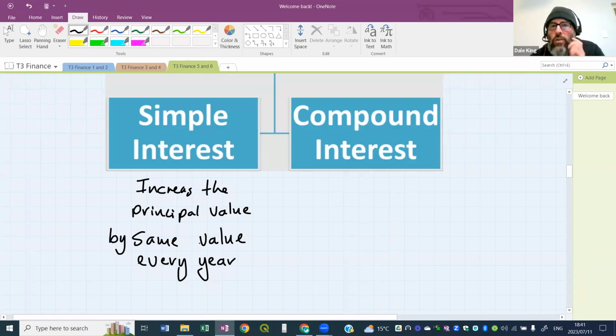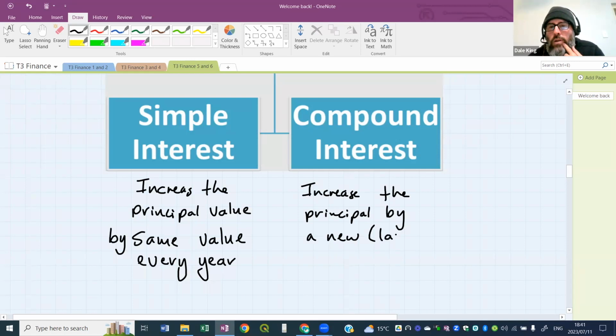We're going to have a look at a calculation. This will make sense now. Compound interest, you increase the principal by a new, larger value every year.